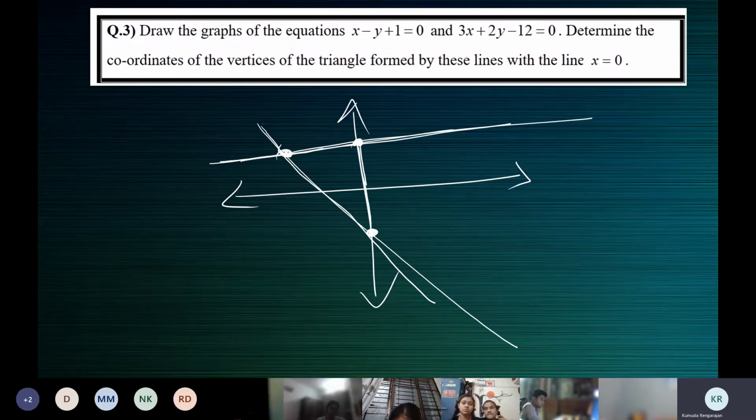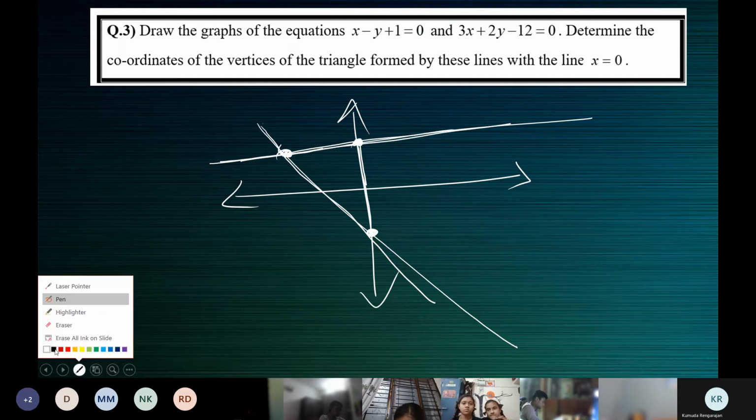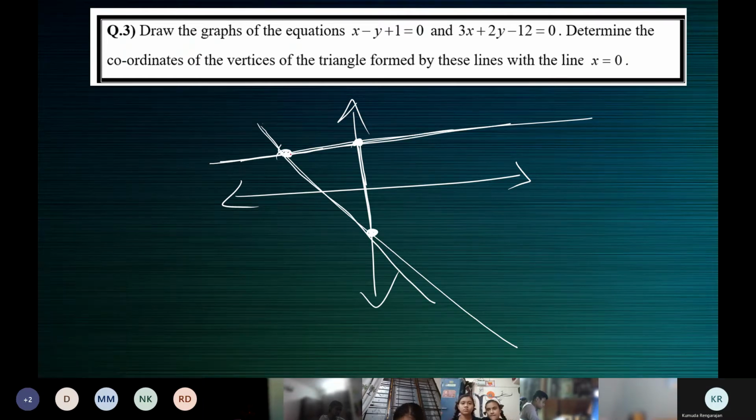This is a part of one line. This is a segment of the second line. And this is a segment of the y-axis. So clearly, this is the triangle bounded by the two lines and the y-axis. Like this, you should identify.